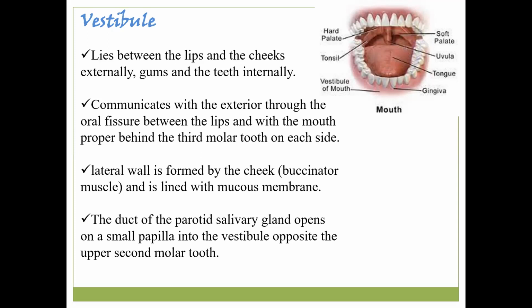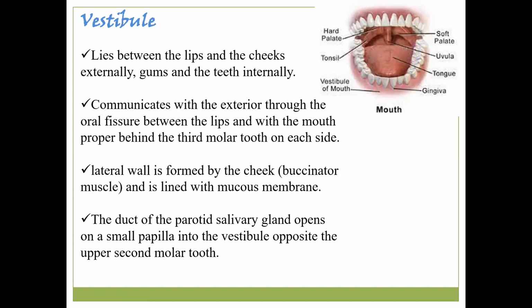So this vestibule communicates with the exterior through the oral fissure between the lips, and with the mouth proper behind the third molar tooth on each side.